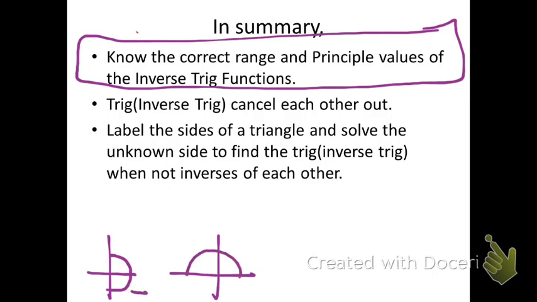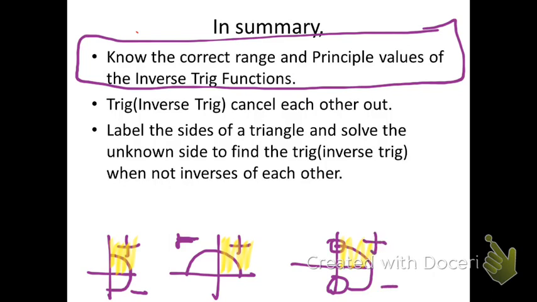So here your negatives, your positives, your negatives, and then inverse tan is also from negative pi over 2 to pi over 2. Realize that all three of them, anything that's positive, it's always coming from the first quadrant. The only issue is when they are negative, okay?